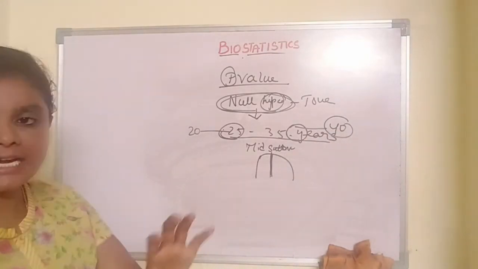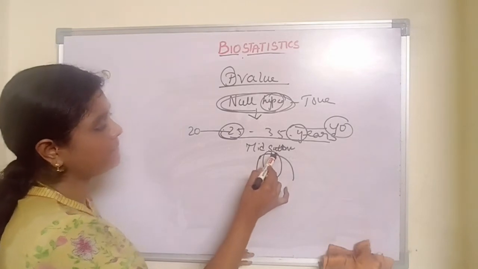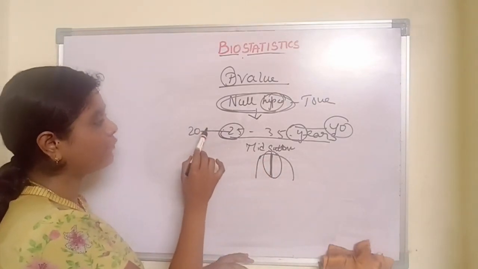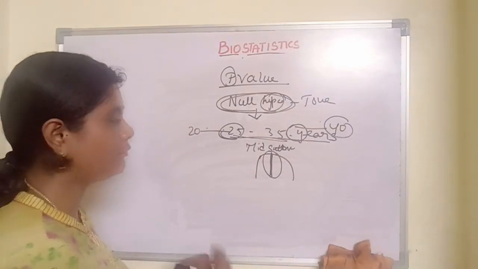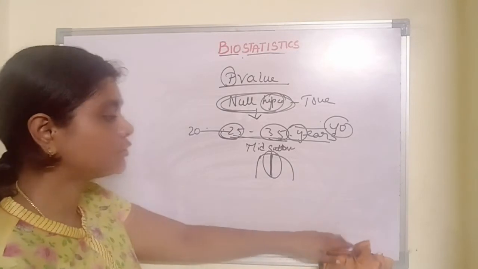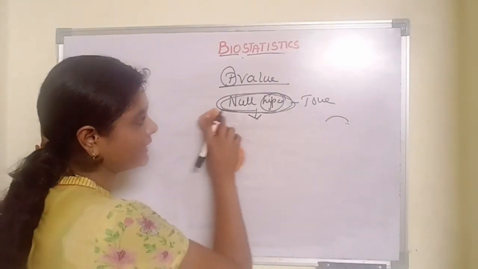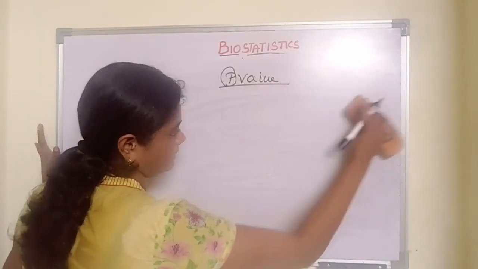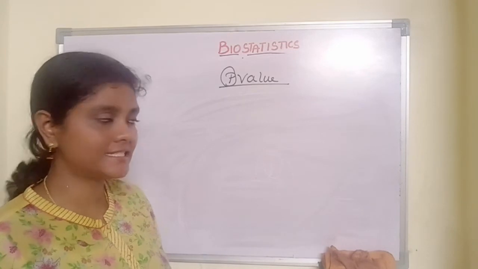The null hypothesis says that there is no change in the mid-palatal suture before and after 35. So there is no change before and after. That is what the null hypothesis is. Null means no change. Hypothesis is assumption.